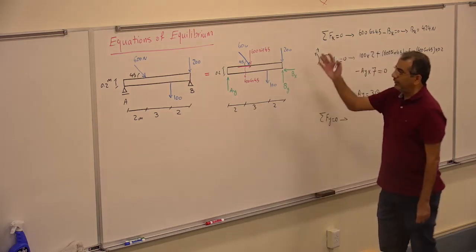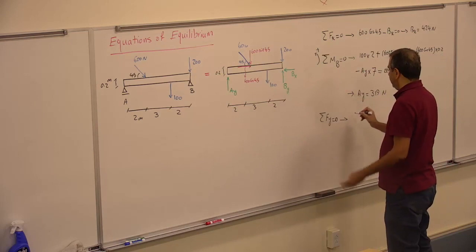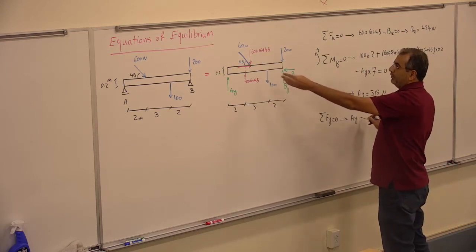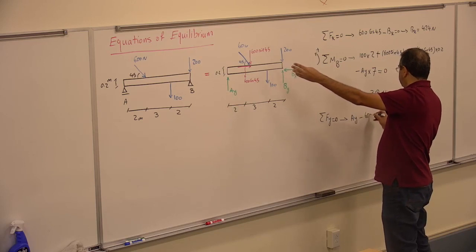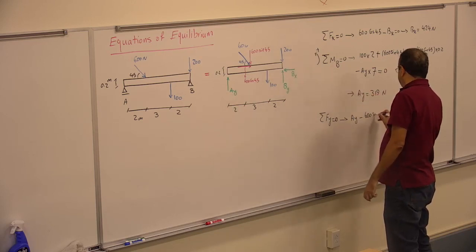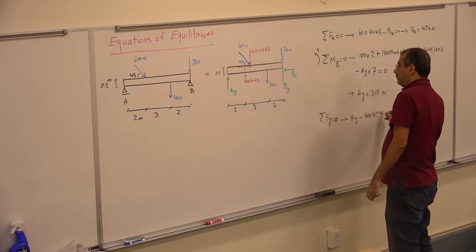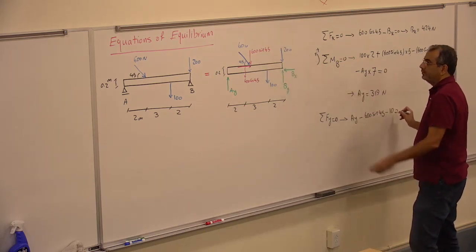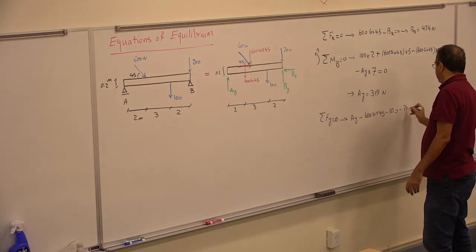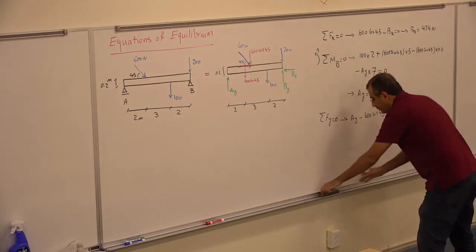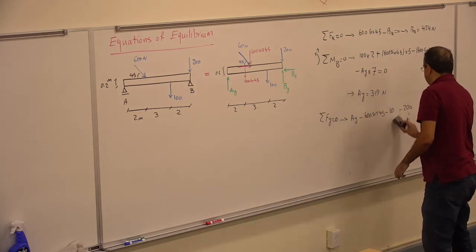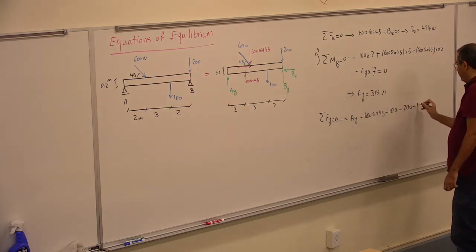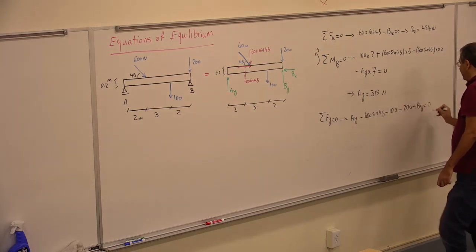So I will go ahead and say, now sigma fy is 0. The forces that I have, I'm just going from there. So I have the AY minus 600 sine 45 minus 100 minus 200 plus BY is 0.